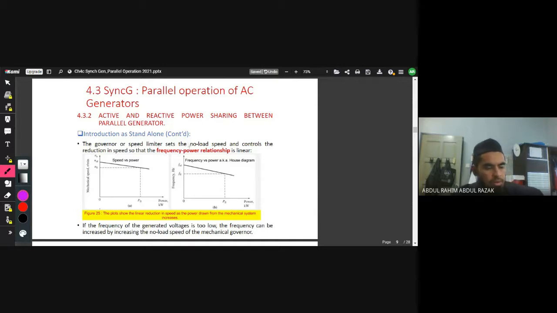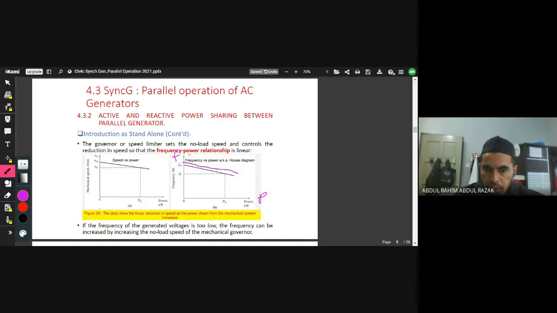Okay, next, the house diagram of our parallel generator. The governor, or the speed limiter, sets the no load speed and controls the reduction of speed, such that the frequency and power relationship, when we plot frequency versus power, is linear. The best is that the frequency versus power curve is linear.